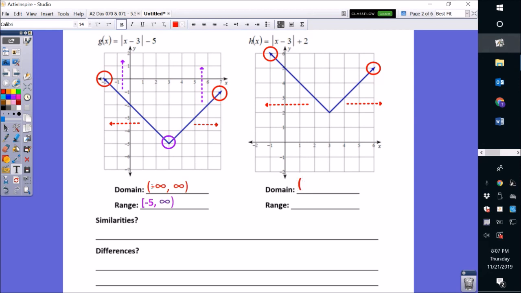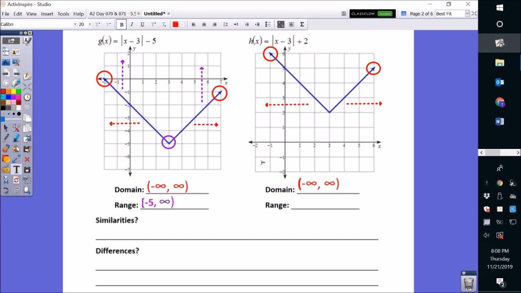So let me copy this, paste it over here, comma. And then if you look at the right side of the graph, same thing. It goes on forever. So towards the right, it has a positive number. So we're going to have positive infinity, or simply infinity. And then we're going to end it with parentheses. So that's all we have to do for domain.